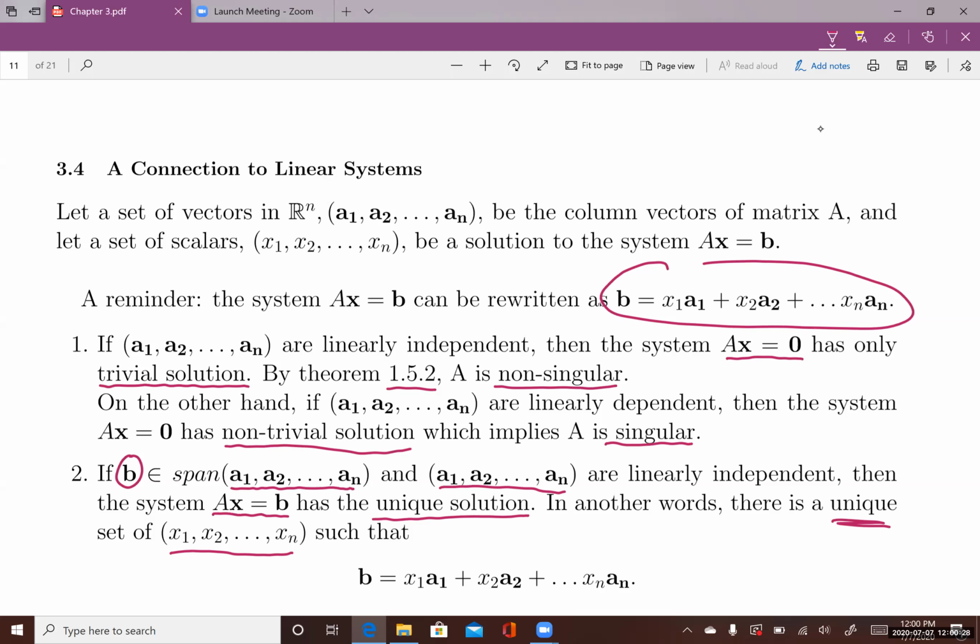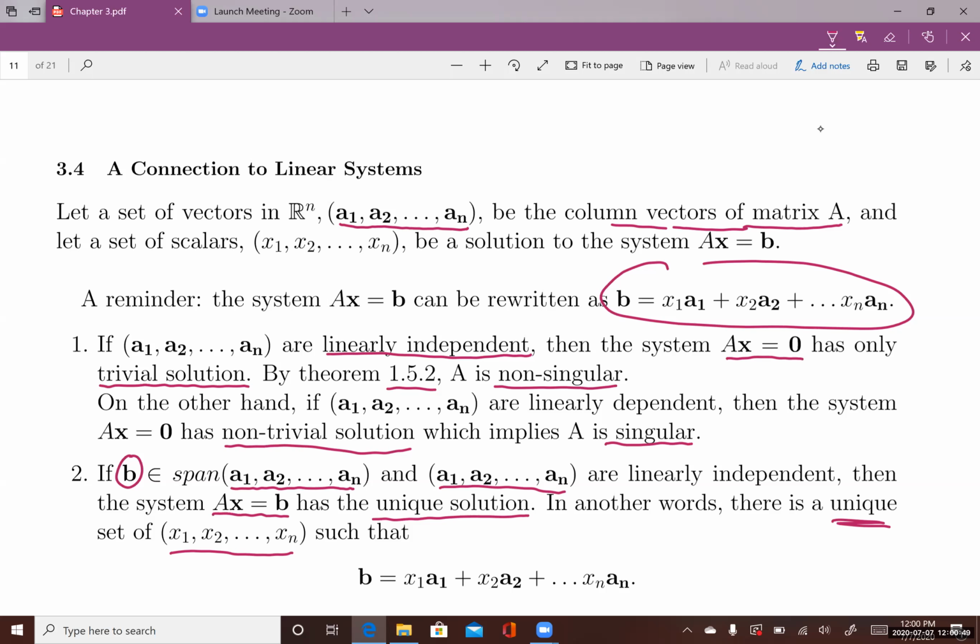By theorem 1.5.2, A is non-singular. Again, A1, A2 to An are vectors in Rn, and these are the column vectors of the matrix A. So linear independence relates to non-singular or singular matrices.